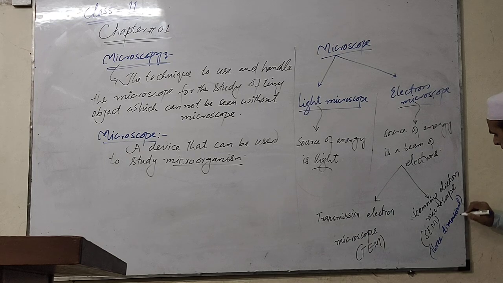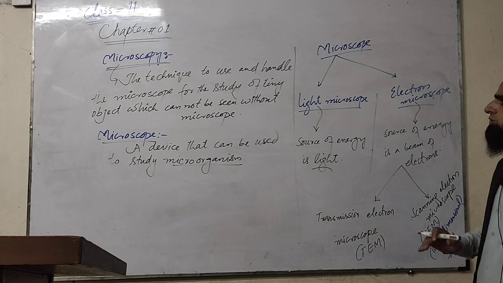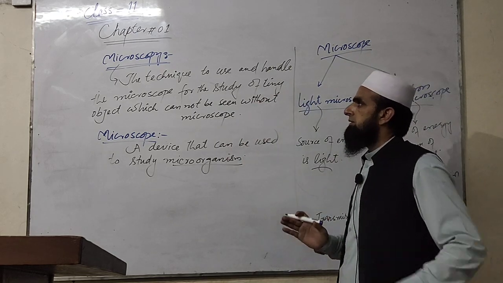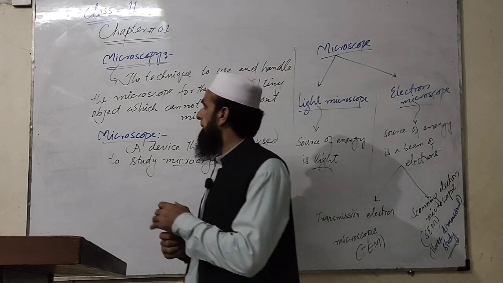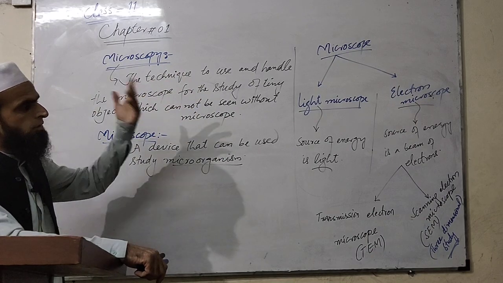Three-dimensional study of the parts of the cell or structures found inside the cell is made possible only with the help of the scanning electron microscope. So this is about the microscope and its types. Further, the resolution power and magnification power of the microscope will be studied in the next topic.